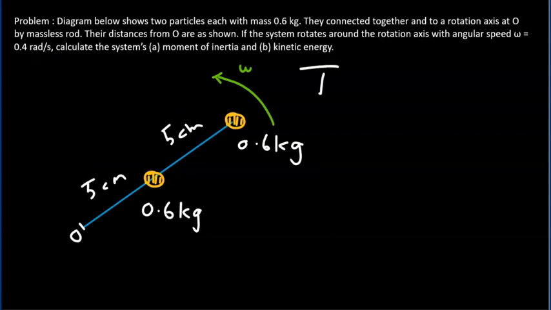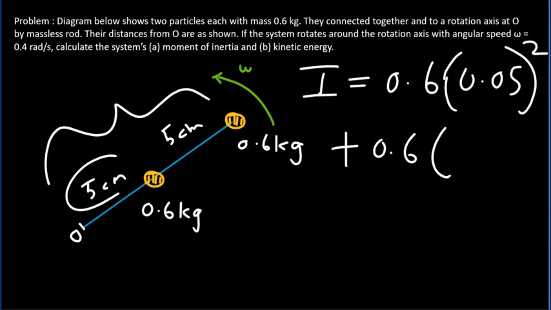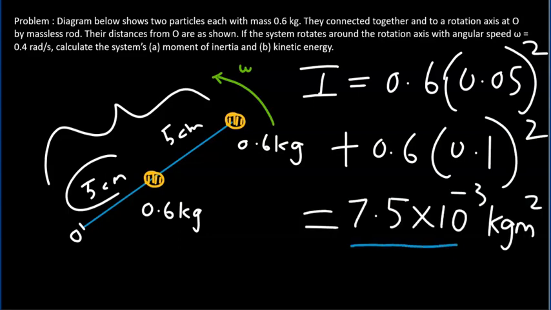Moment of inertia: there are two contributions because there are two masses. The first contribution is the mass times the distance squared, 5 centimeters, 0.05 in meters, that is, plus another contribution, 0.6 times the distance squared, and the distance is 10 centimeters, 0.1 meters. And you will get 7.5 times 10 to the power minus 3 kg meters squared.